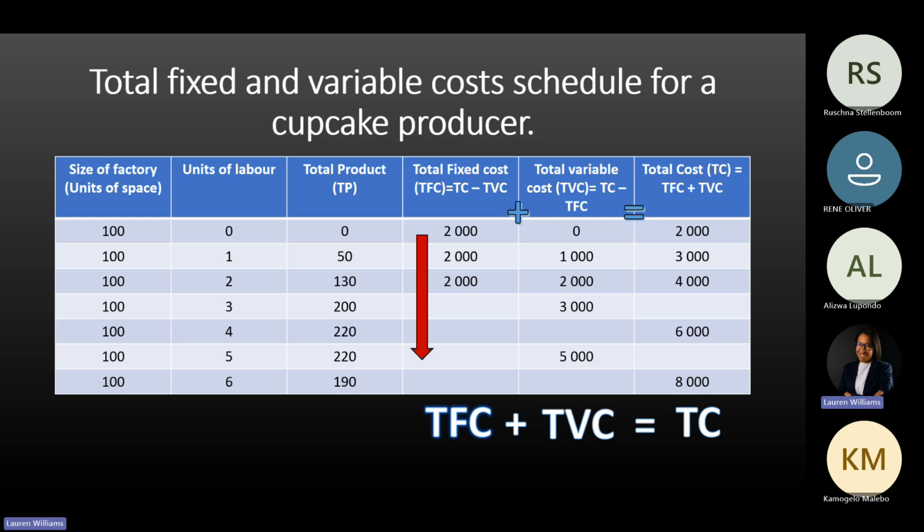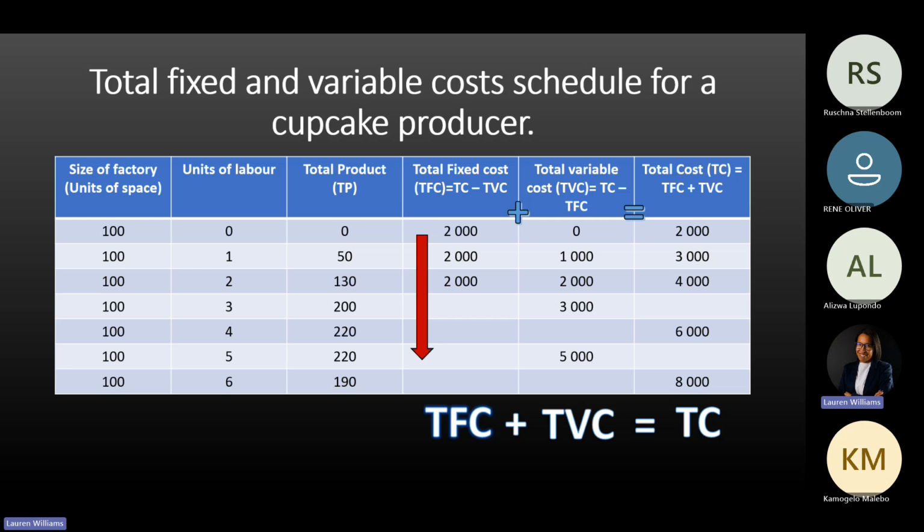Then your total variable cost tends to change depending on whichever element is the variable element, whether it's wages, or yeah, wages is the best one to use. So they're saying at 0 laborers, you have 0 variable cost, if you're using wages as an element. Then you have your total cost.